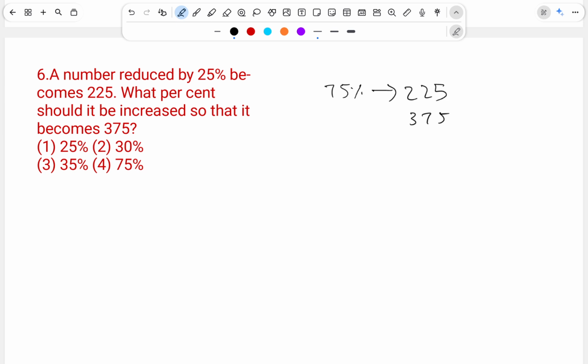So for 225, if it is 75, then 375 it will be 375 by 225 into 75. Then 75 ones, 75 threes, 3 125, 3 125s. How much increased over the 100? It is more by 25.